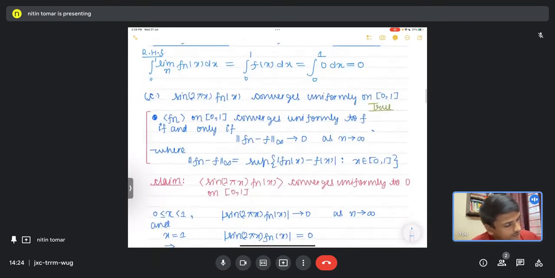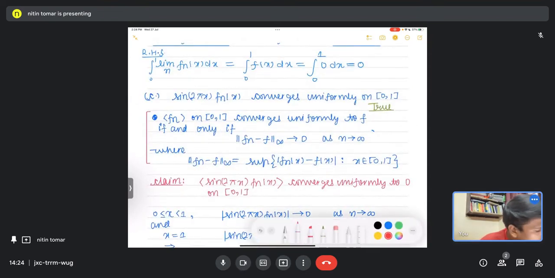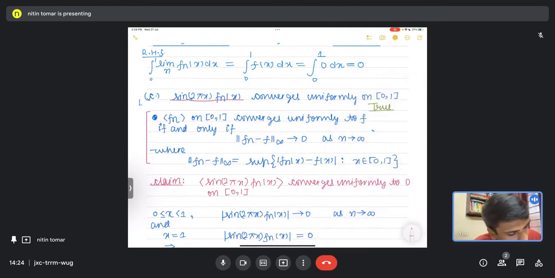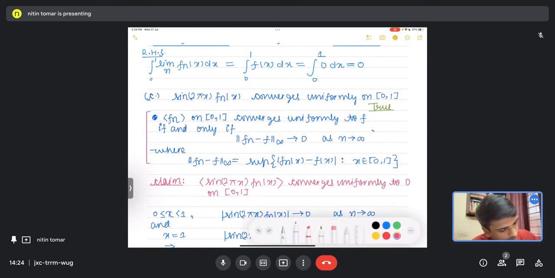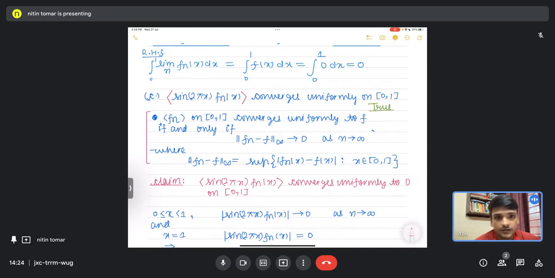Now in the third option, we have to see whether this new sequence sin(2 pi x) fn(x) converges uniformly on [0, 1]. We'll prove that in fact this is the case.